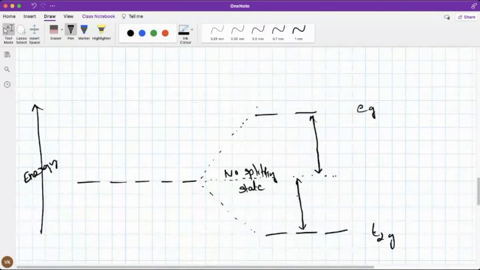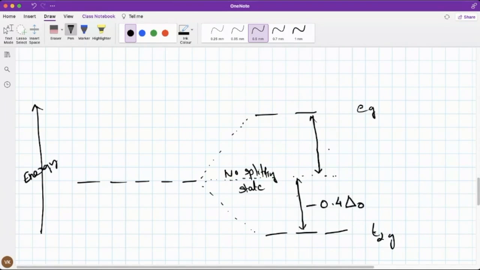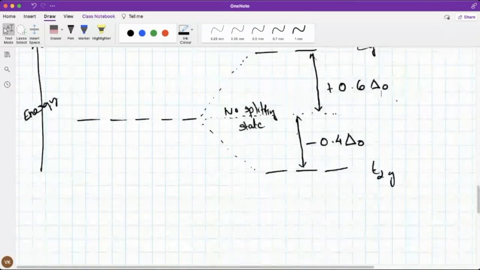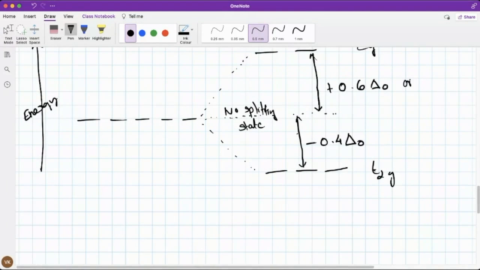Now if the splitting happens, this will be minus 0.4 delta naught, and this one is plus 0.6 delta naught. In Dq, since it is 10 Dq, this is plus 6 Dq, or this is minus 4 Dq. There are two ways to represent this, either in delta naught or in differential quanta.